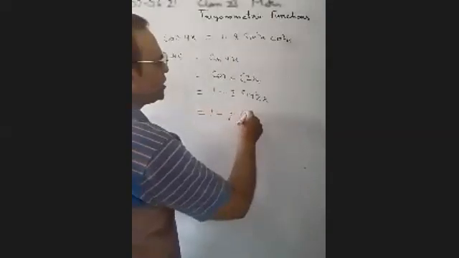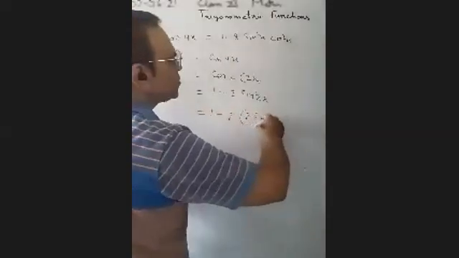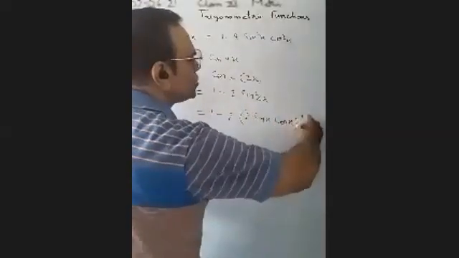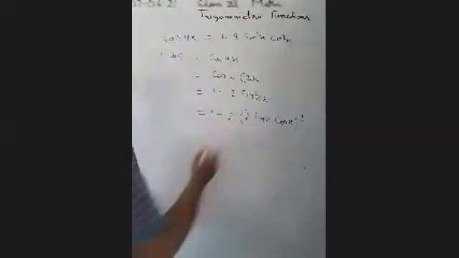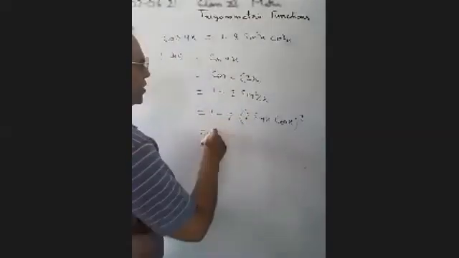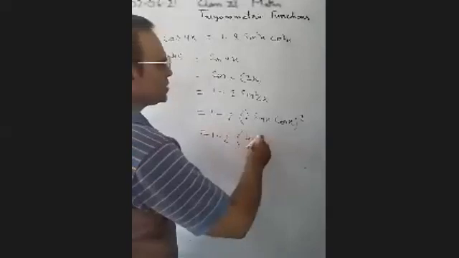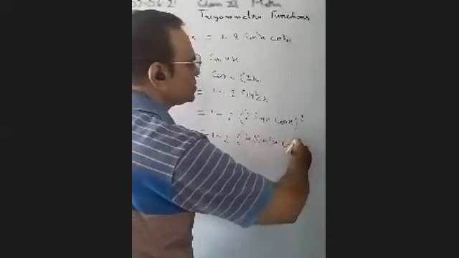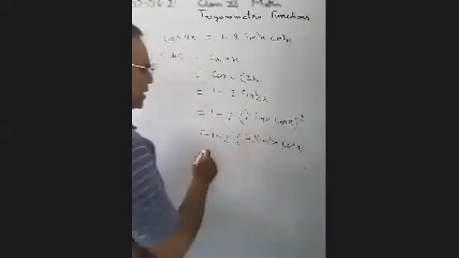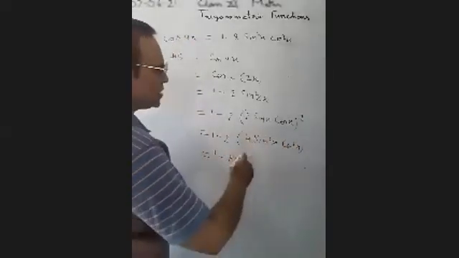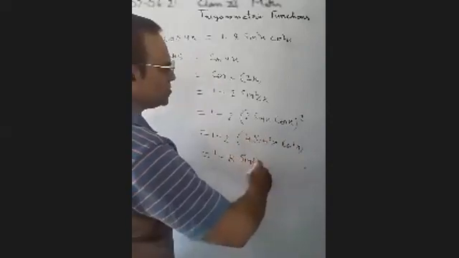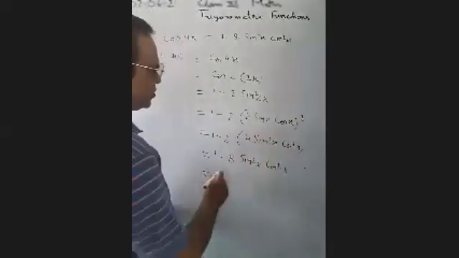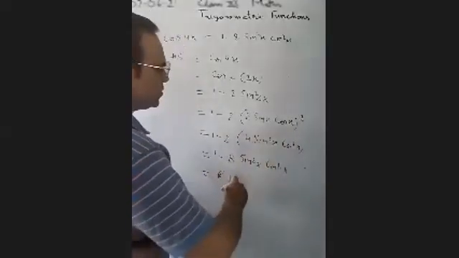The formula of sin 2x is 2 sin x cos x, the whole square. Okay. Now we are squaring this term. We will get 1 minus 4 sin square x cos square x. If you multiply by 2, you will get 1 minus 8 sin square x cos square x. Okay, it is equal to the right hand side.